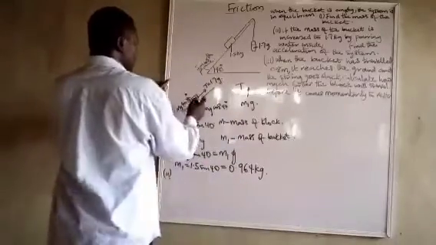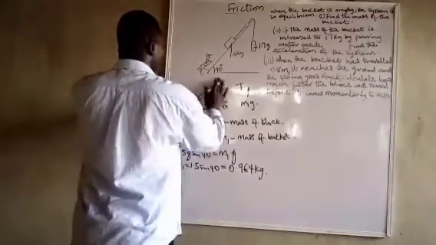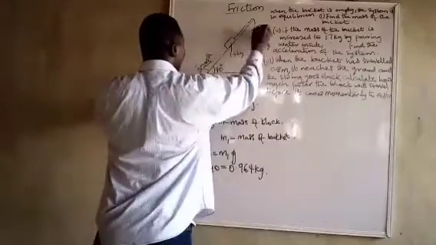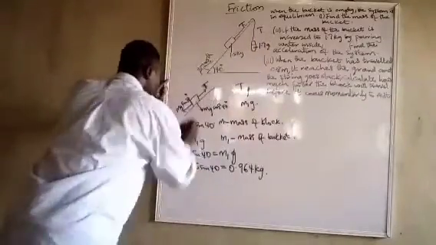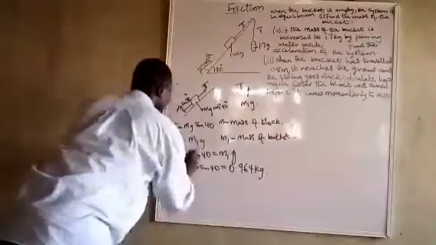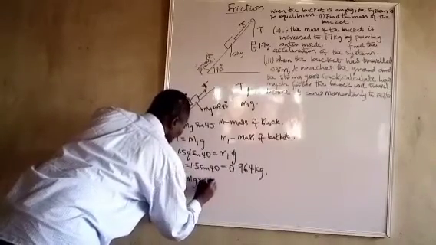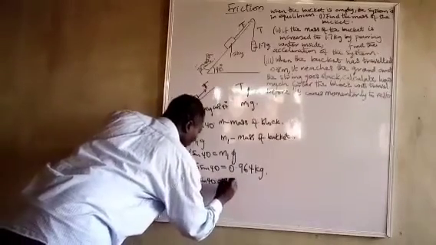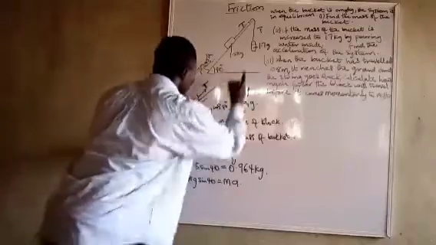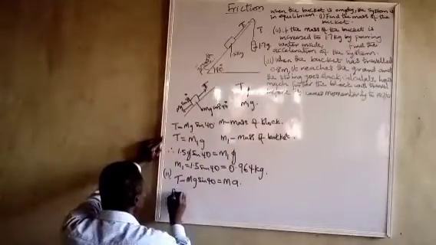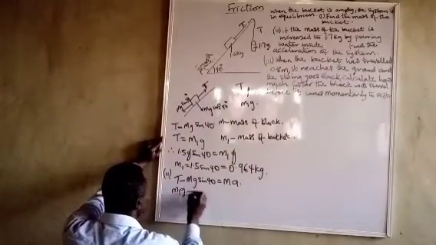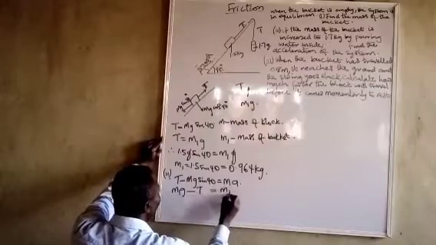Along this plane, I have T. Therefore, T minus mg sin 40 is equal to ma. And I also have m1 g minus T is equal to m1 a.